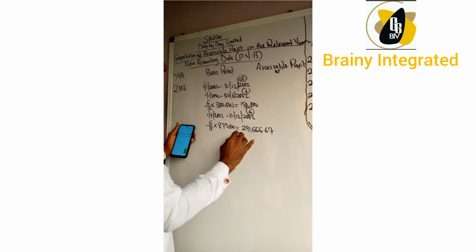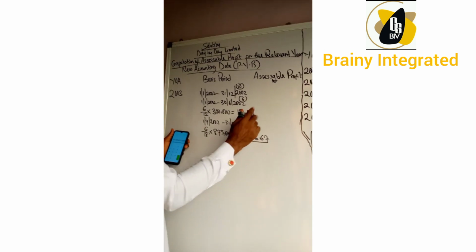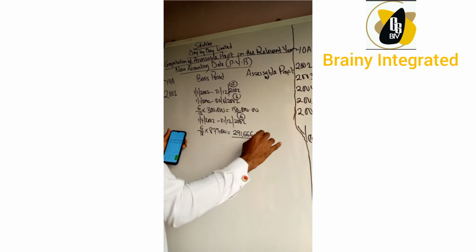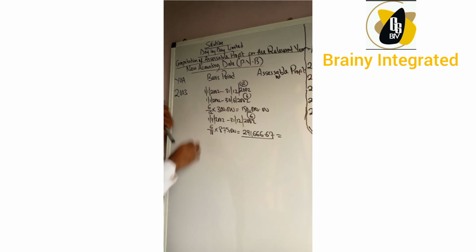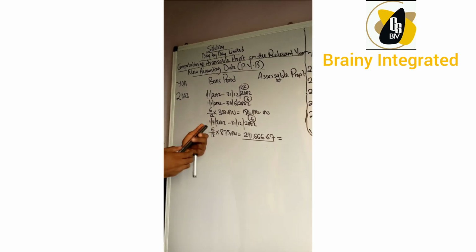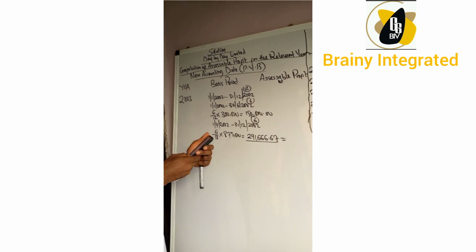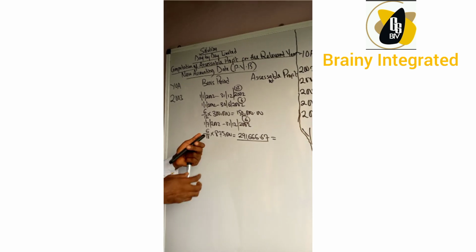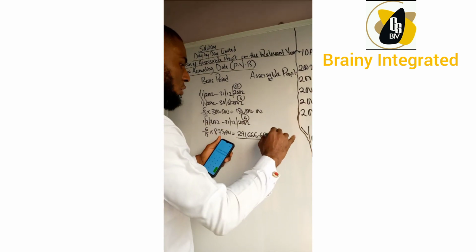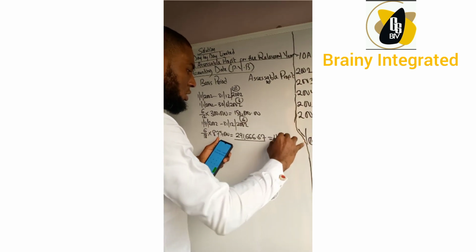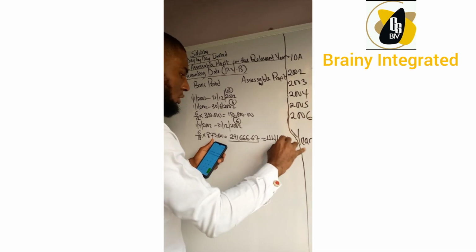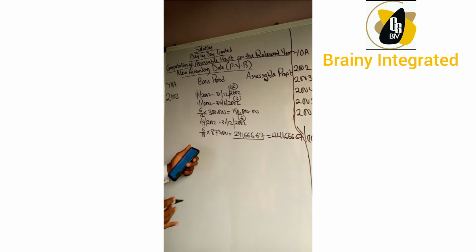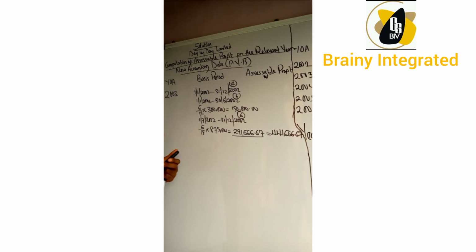Alright, so I'm going to add up this and this to give me the assessable profit for this year of assessment. So if I add it up plus 150,000, that will give me 441,666.67. Alright, so that's for the first year of assessment.